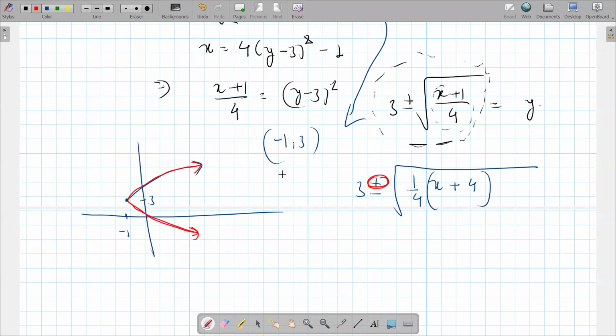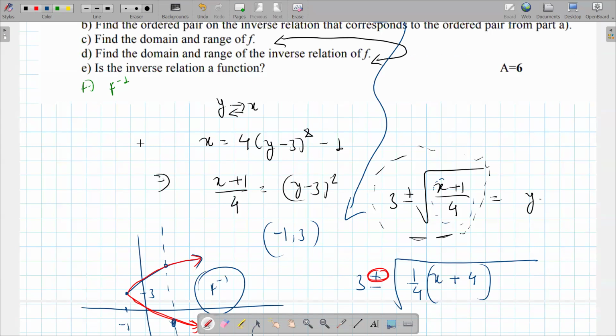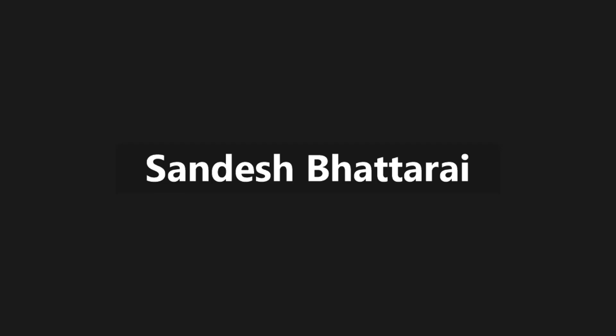And there you go. And if you do a vertical line test on this, you see that it fails. So f inverse is not a function. You can also do it this way. But this is definitely an important question. Finding the inverse of a quadratic algebraically. All right, cool. Let's call it there for today. Okay, thank you. See ya.